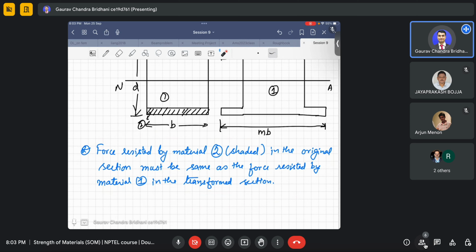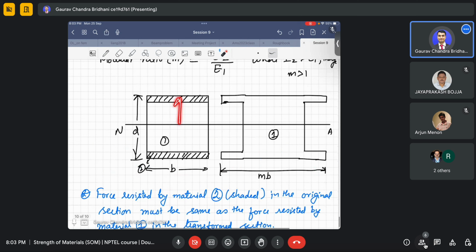So what is moment? Moment is nothing but the distance multiplied with this force. So I am keeping the moment constant, because I am keeping the distance constant as well as the force constant. Finally, I am keeping the moment constant.